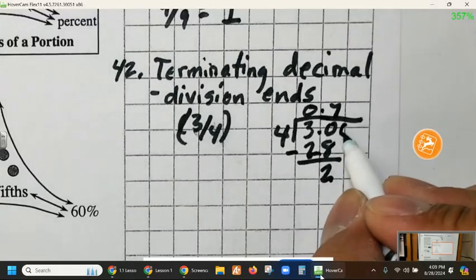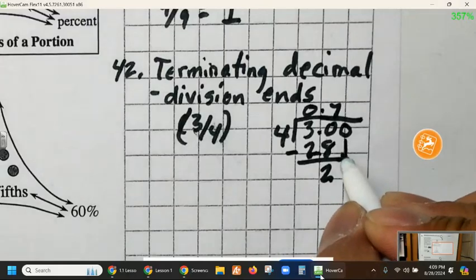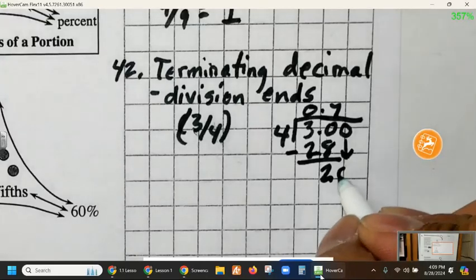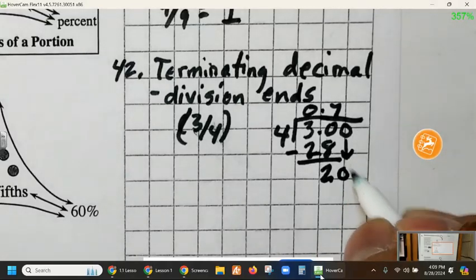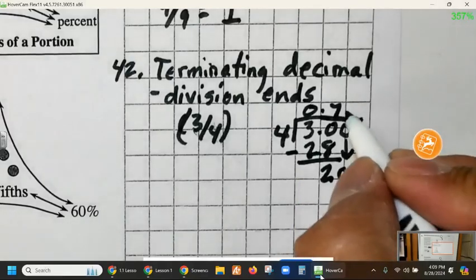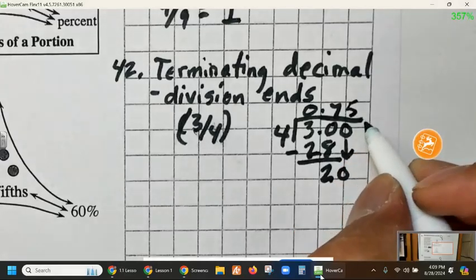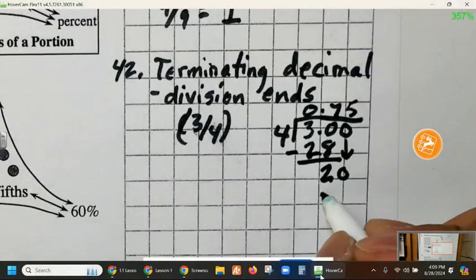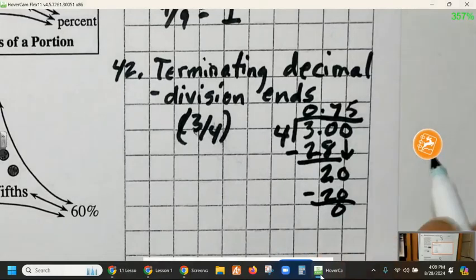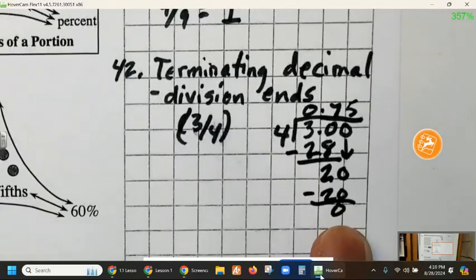But later on, we learned we can still keep going here. Since we know decimals, we can bring down and go to the hundredths place and figure how many hundredths we have. So 4 goes into 25 times. We have 5 hundredths. 4 times 5 is 20. And when we do that subtraction, we see that we don't have a remainder.